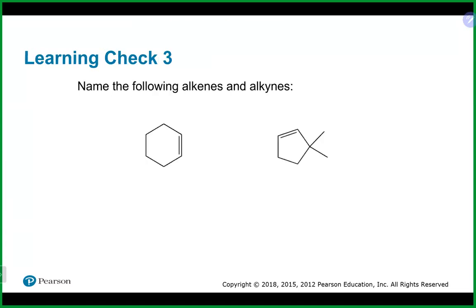All right, then why don't you name these guys, and why don't you also draw? Okay, so let's take a look. Obviously this one here we just did, but we got 1, 2, 3, 4, 5, and 6. So that's a 6-member ring, which again is based off of cyclohexane.